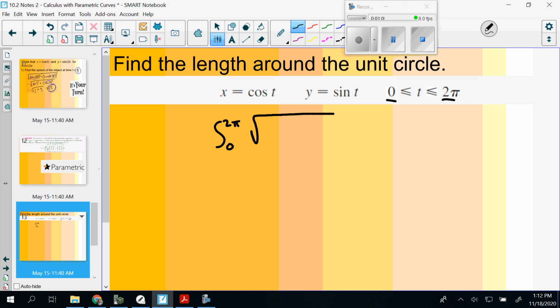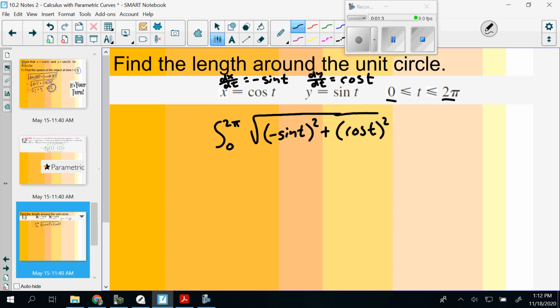And we're integrating the speed, so it'd be our dx dt, which on this one is going to be negative sine, would be the derivative, squared, plus, now we got to put our dy dt here, which derivative of sine is cosine, squared, dt here.